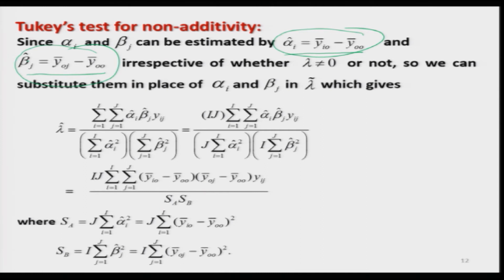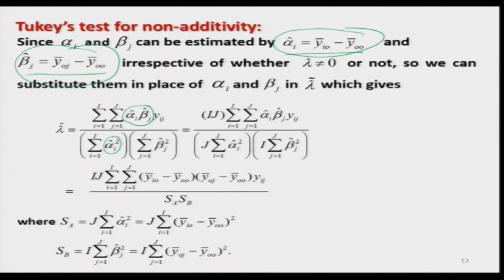So, I simply replace alpha_i and beta_j in this expression of lambda by alpha_i hat and beta_j hat.